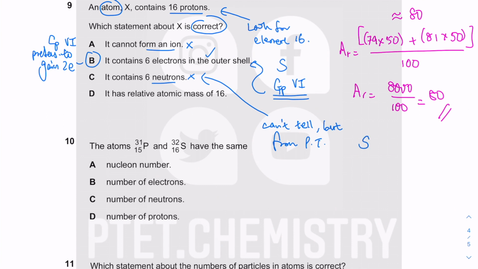So sulfur from your periodic table is going to be 32 and 16. So the number of neutrons is equal to 32 minus 16, which is 16 neutrons. So 6 neutrons is incorrect. And then it has a relative atomic mass of 16, and that is again incorrect. It's 32 as shown from your periodic table.